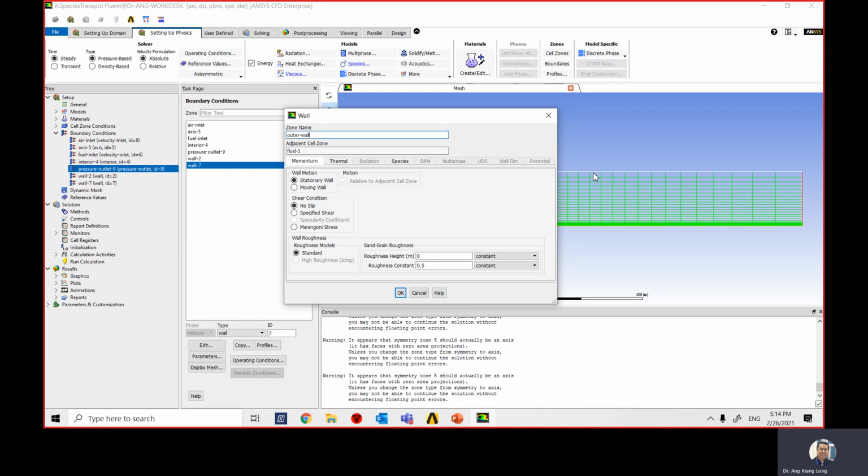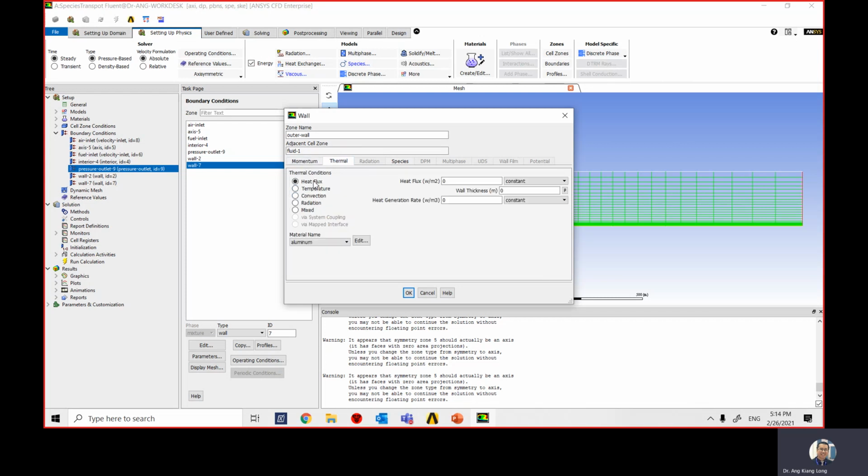For the outer wall, we will control the thermal. In momentum it is a stationary wall, no slip, and so on. The wall is not moving. And then for the thermal, we will make sure that there is no heat transfer happening. So full insulation, so the heat flux will be 0.